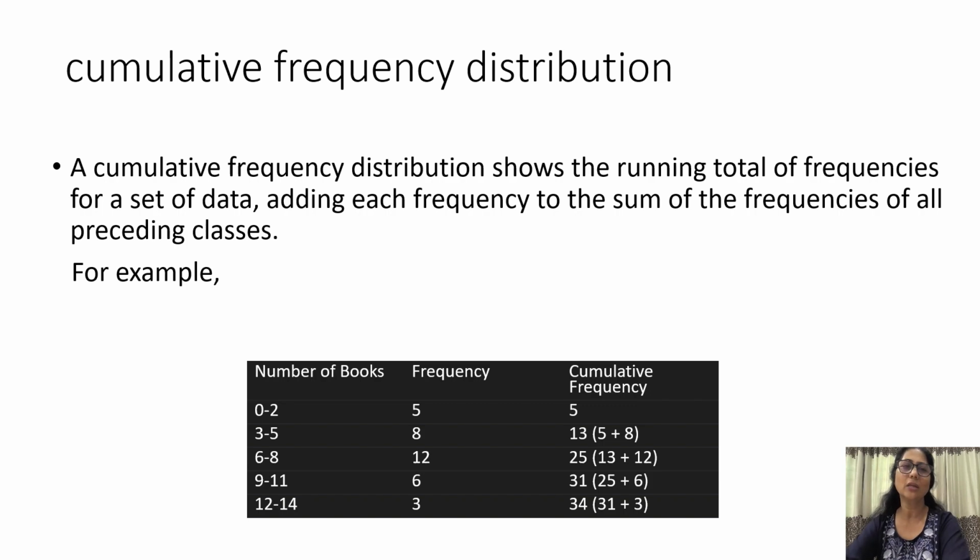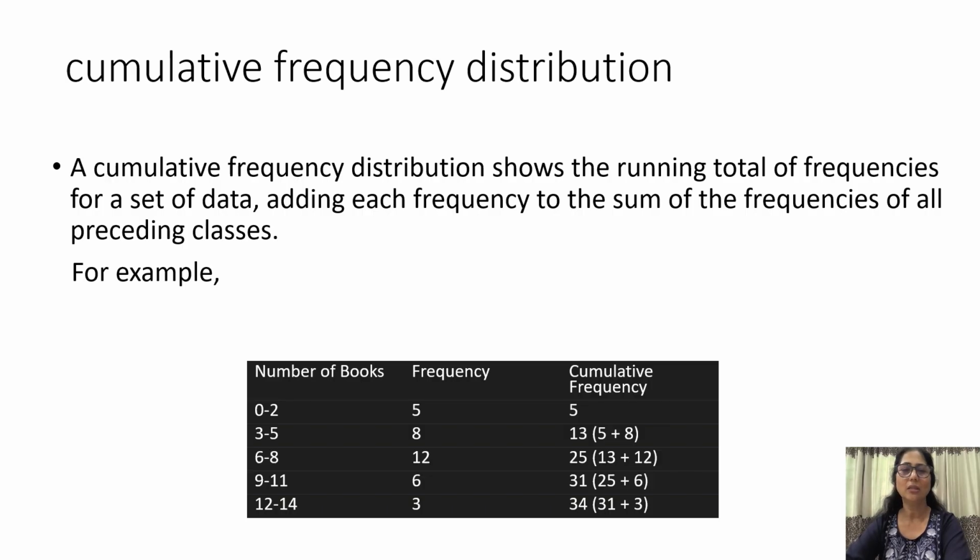And if we want to construct a cumulative frequency distribution table, we can easily calculate the CF value. For the first class it is 5. For the next class, the cumulative frequency is 5 plus the second class frequency, 5 plus 8 is 13. The third one, 13 plus 12 is 25. Then adding the preceding 25 to 6, the cumulative frequency is 31.